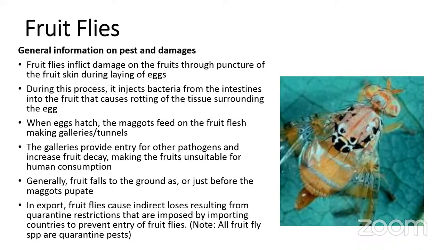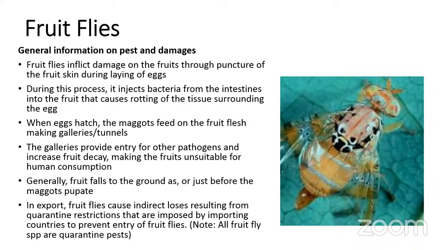You actually realize that just from the puncturing of the avocado, the damage has already started, because it injects the bacteria which causes the rotting around the egg. Then when eggs hatch, the maggots feed on the fruit flesh, making galleries or tunnels, causing damage inside the avocado.